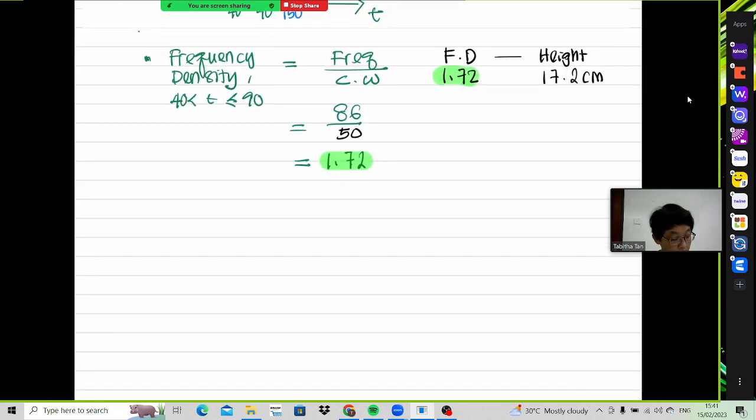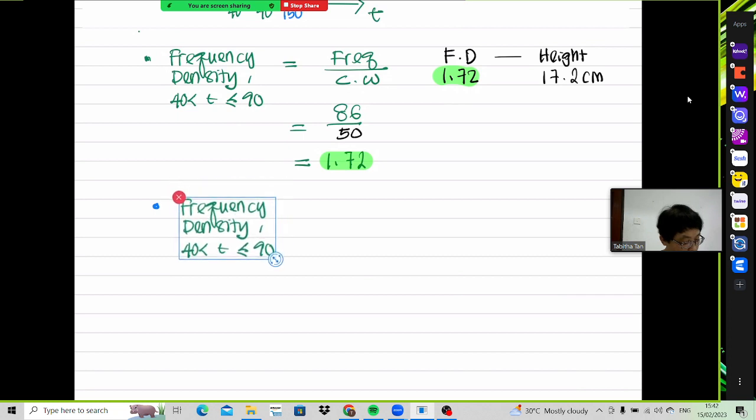So let's go on to make it clear for you. I will use the light blue pen also, and this time let us find out its frequency density, because we need to fill in the blank here.